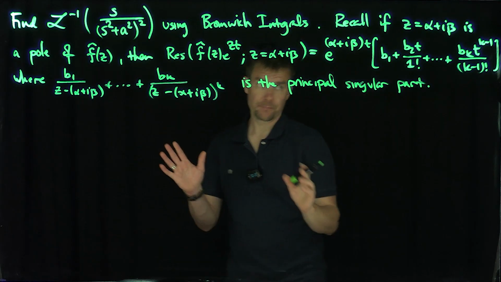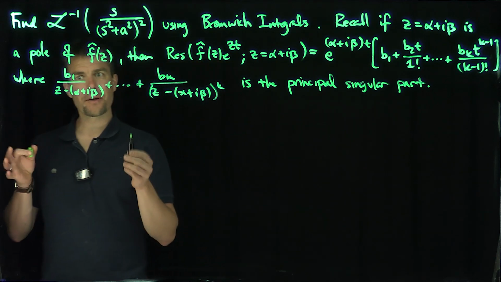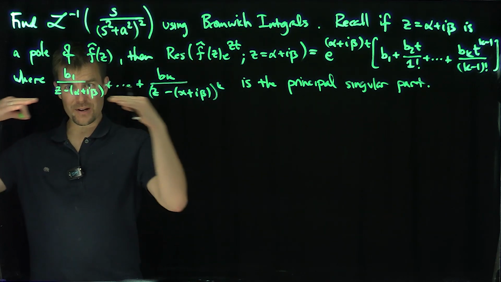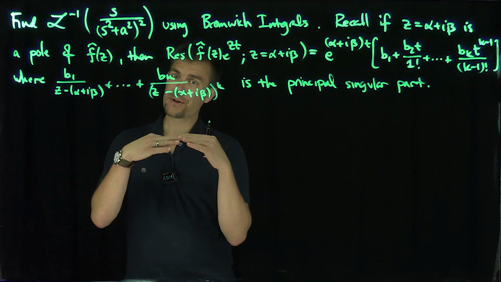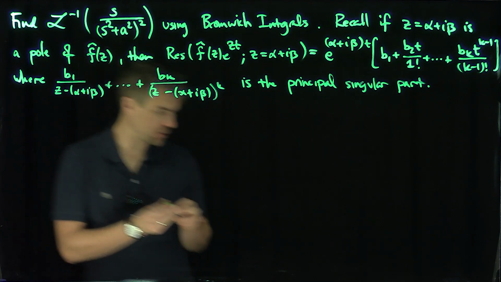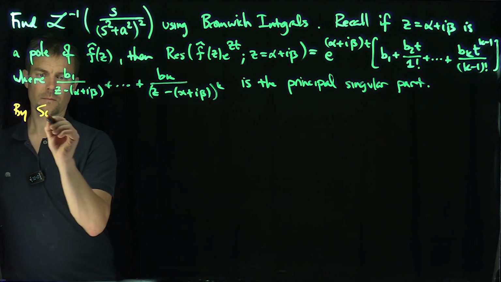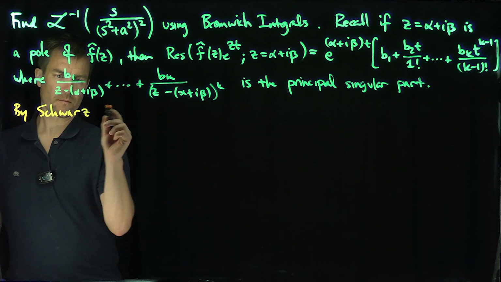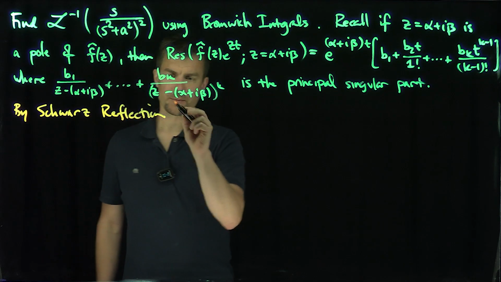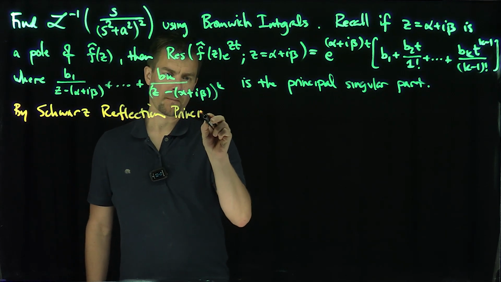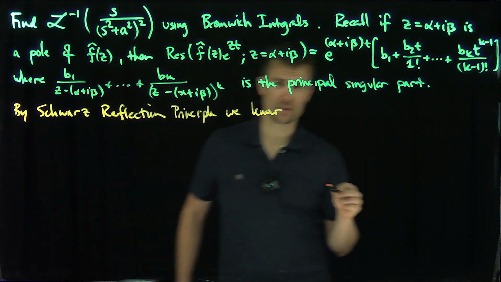Okay, excellent, great. Now, what do I know about f tilde? I know that f tilde on the real axis is real. So by the Schwarz reflection principle, we know, and this shows the strength of complex analysis.